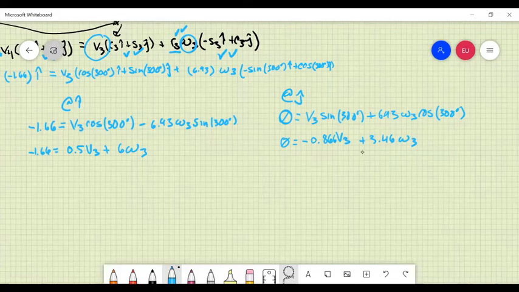So, from this second equation, I can work out B3.